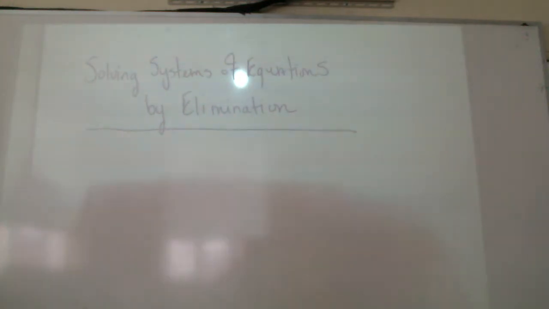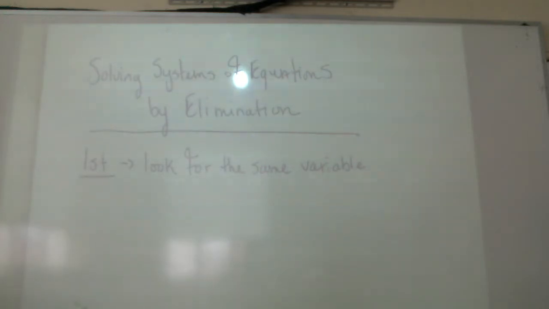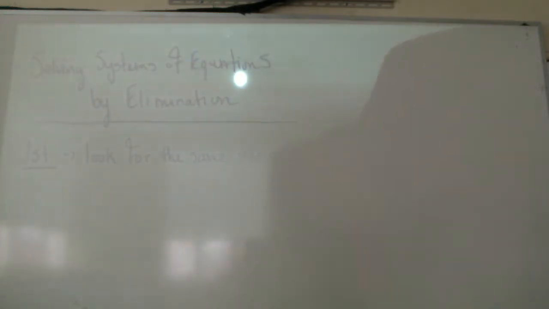So let's take a look at what steps you're going to be following today. First, here's what you're looking for. Look for the same variable or letter, same number in front of that variable, different signs.